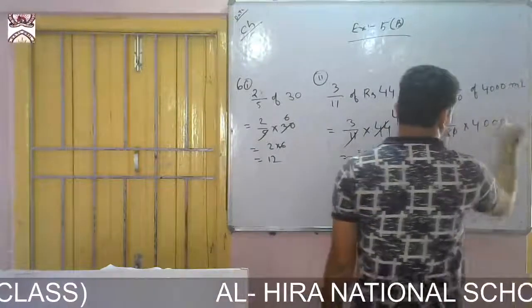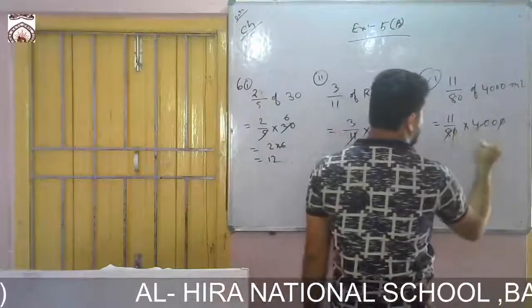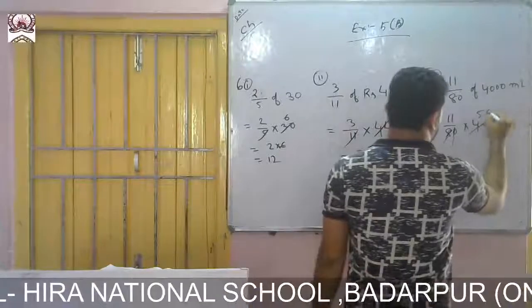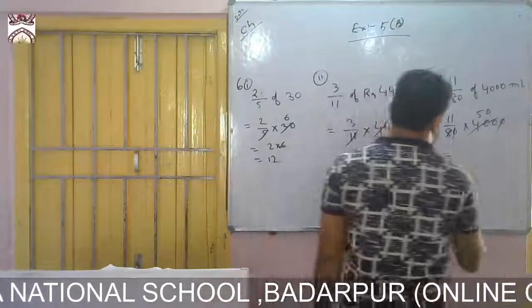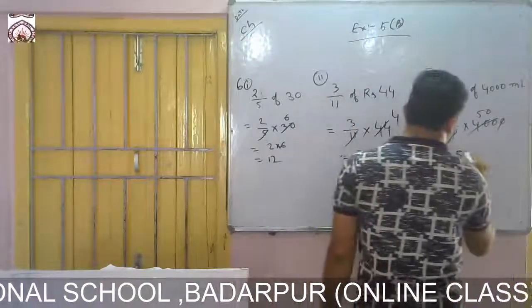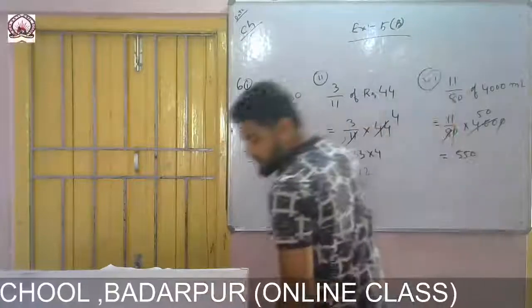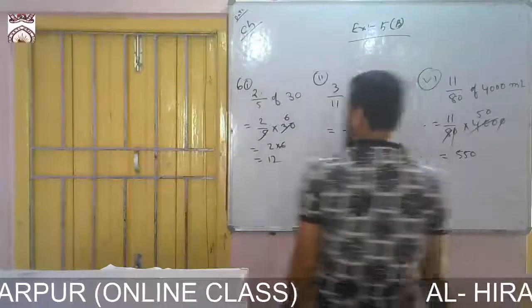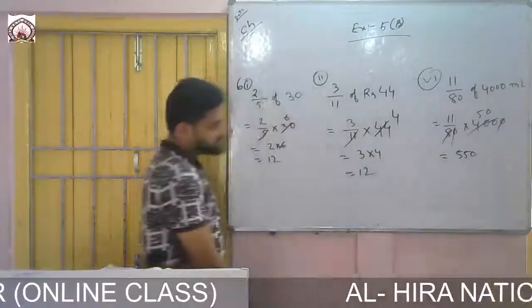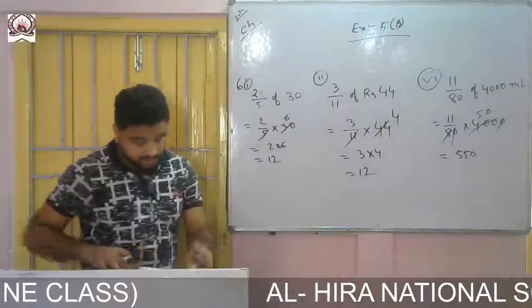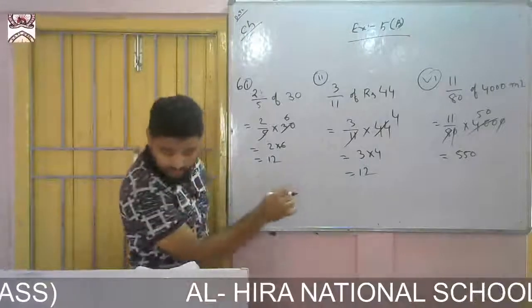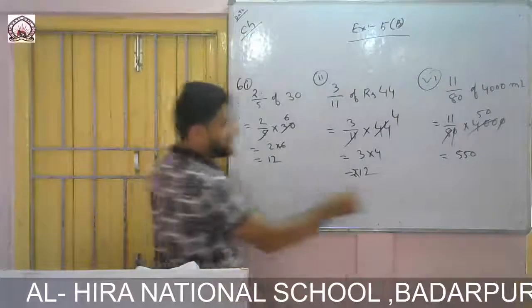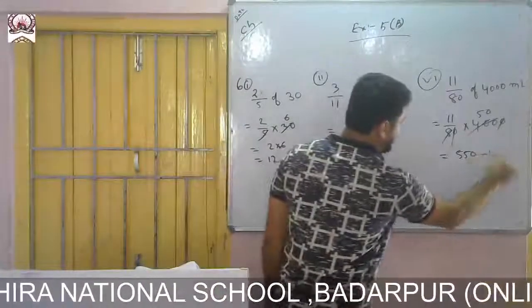So 10 10 cancel. 8 5 ja 40. So 5 11 are 55, 0 0, 550. So what? 550. So here one thing you write. Here you write rupees. Here ml.